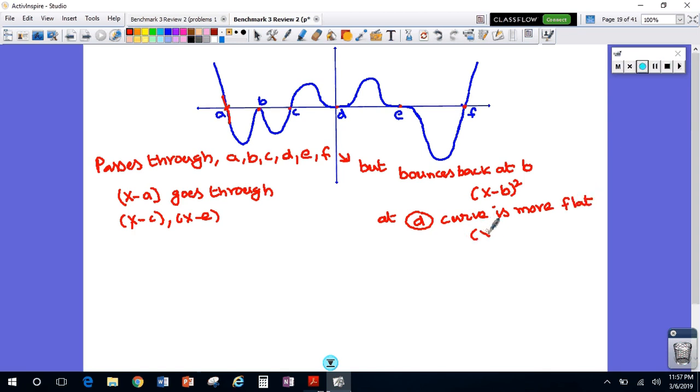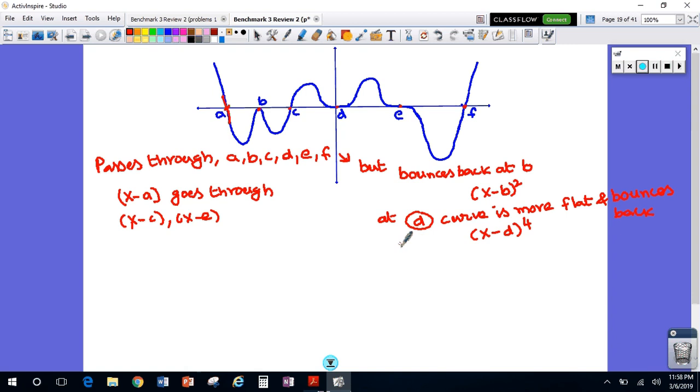So we take more flat and bounces back. Bounces back, more flat means what I told you? We should take the exponent more than 2. That is, I can take x minus d to the exponent 4.